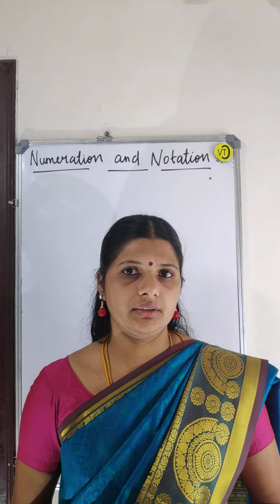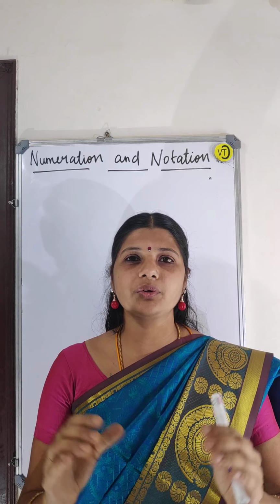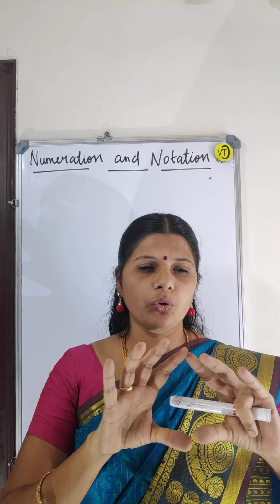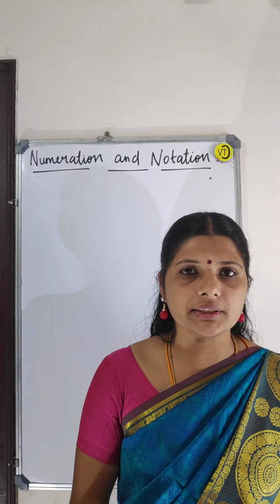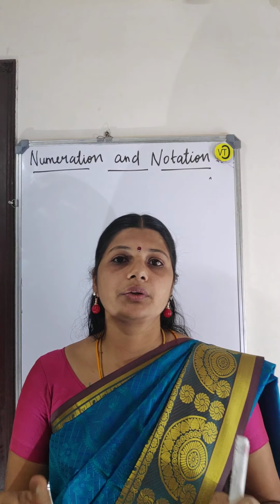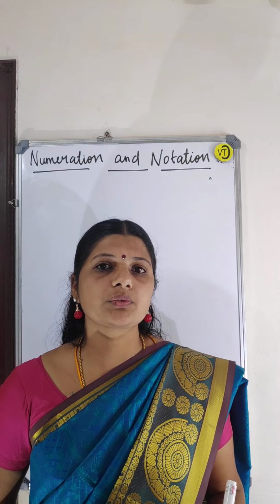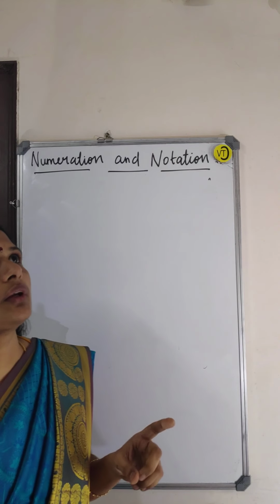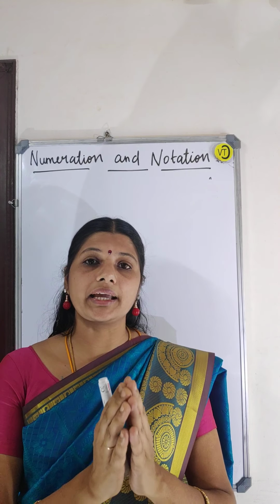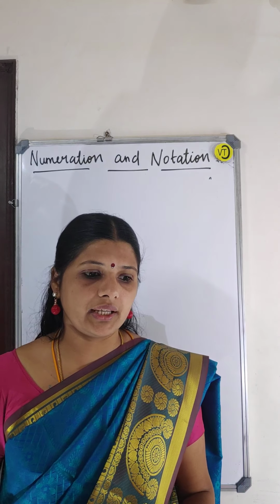That is a period. How can I read the number? How can I represent the number? How can I tell the number? You have to group the number. That is what we call a period. Using commas or using a gap, you can represent that number.